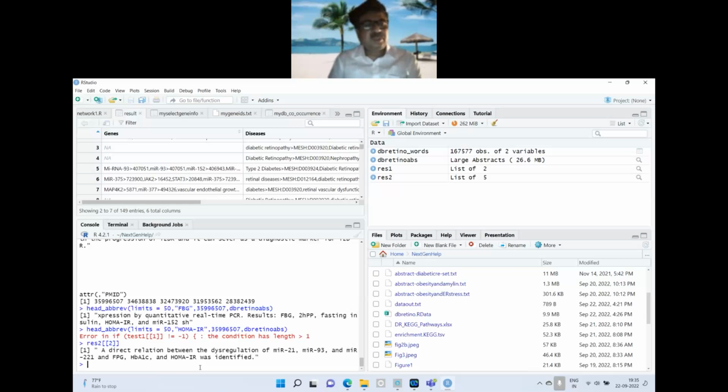The PMID of this paper happens to be this one.